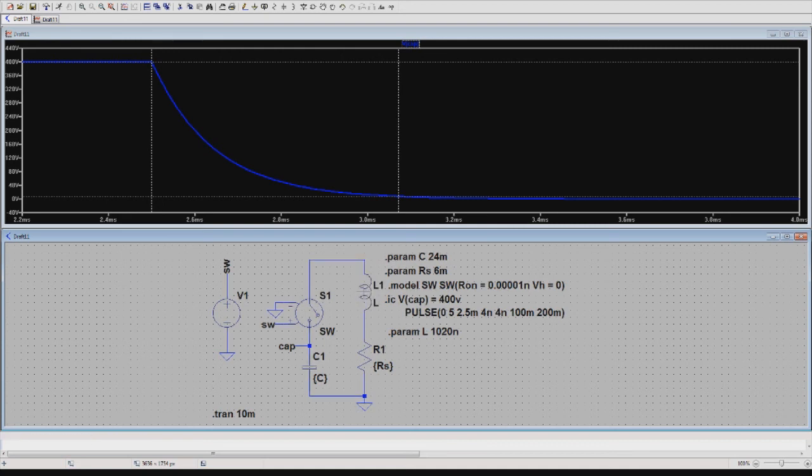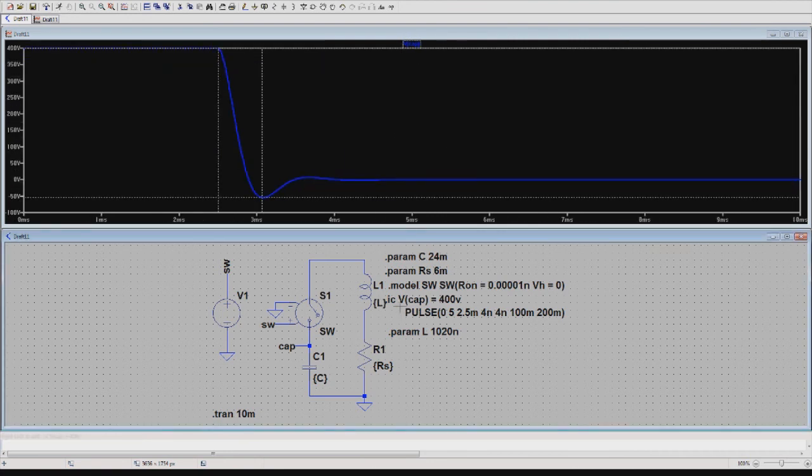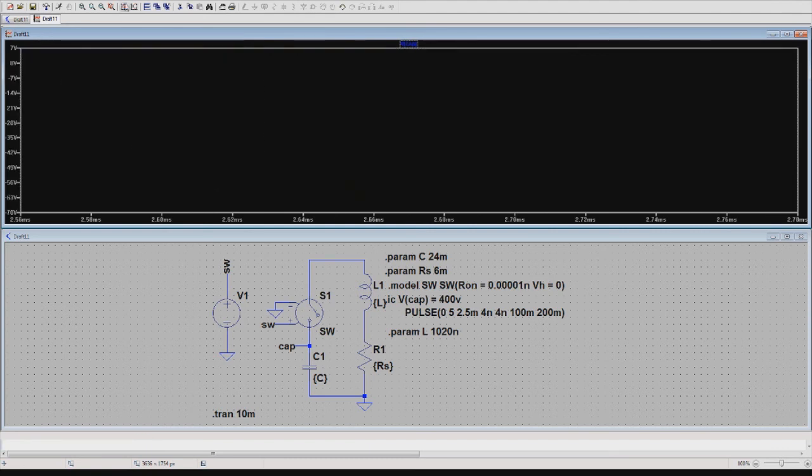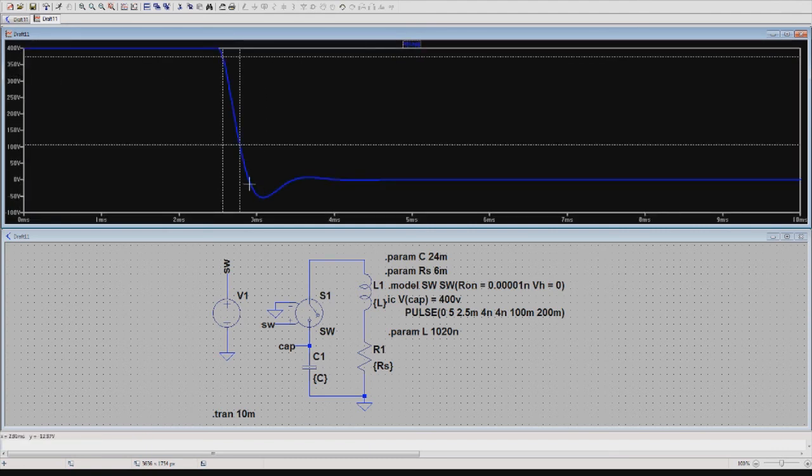Let me add the inductor back. So you can see how crucial it is to design your inductance properly, not rails too long, not too short. And I can even show you where I found the inductance, which this is not complete yet.